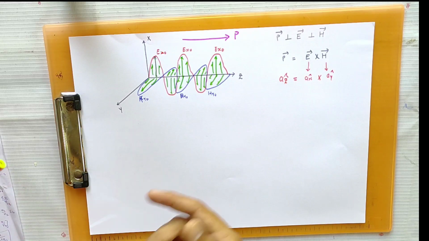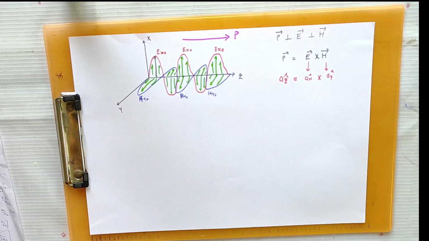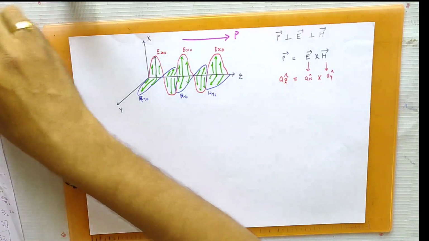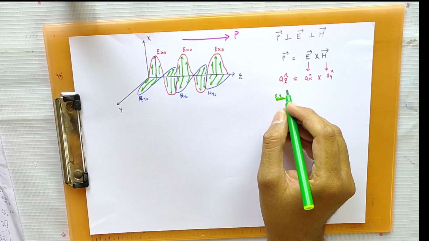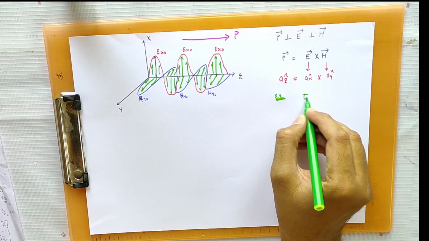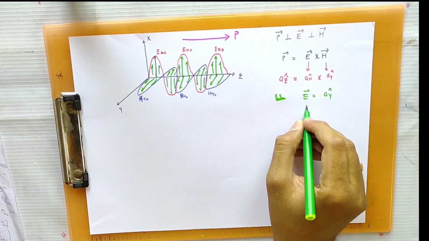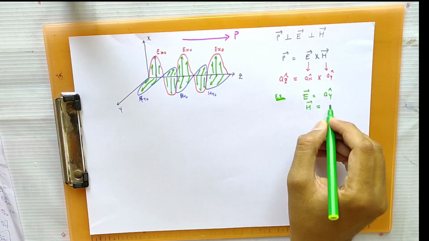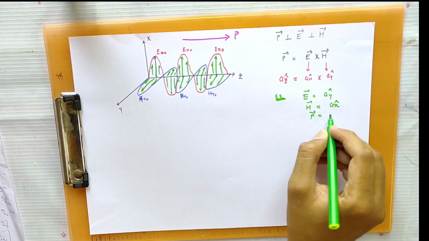For example, suppose the electric field is present in the Y direction and the magnetic field is present in the X direction. What is the propagation direction?